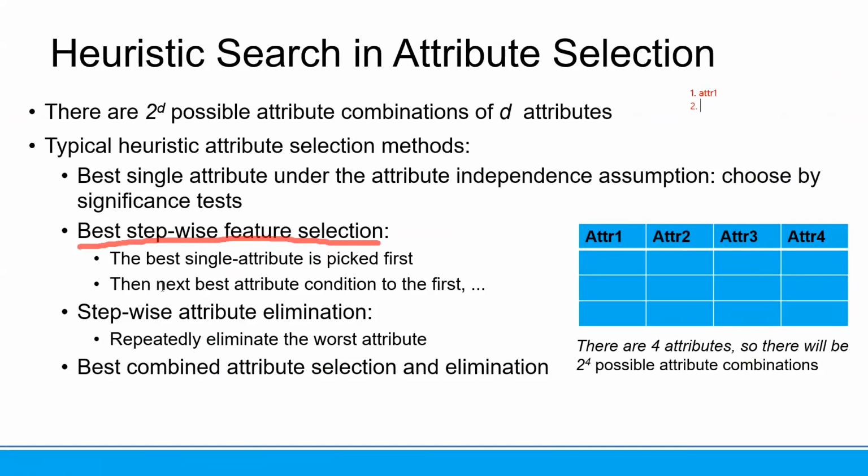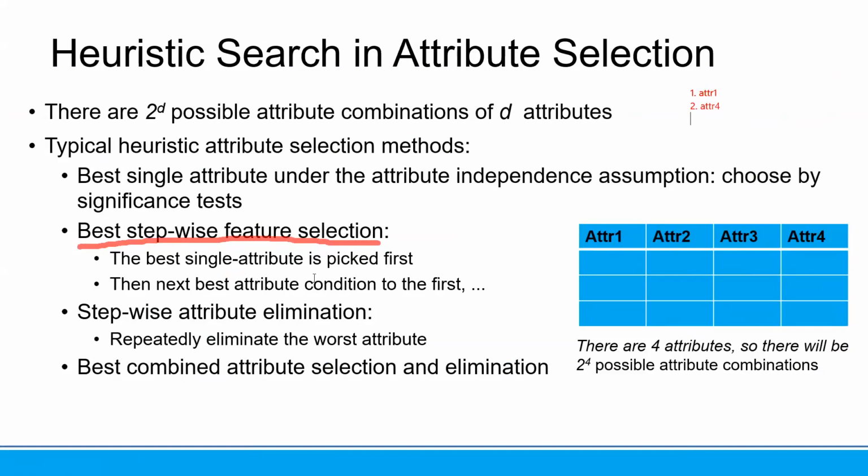And then the second is, we can select the next best attribute conditioned on the first. Maybe the most correlated attribute can be chosen, so maybe attribute 4 is the next attribute we choose. Then we run the data analysis to see whether it gives a good result or not.